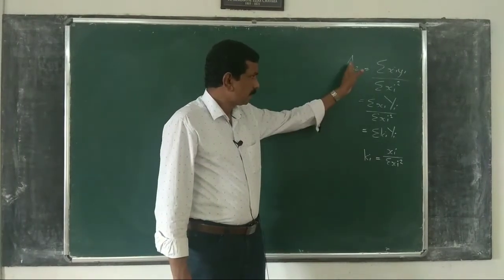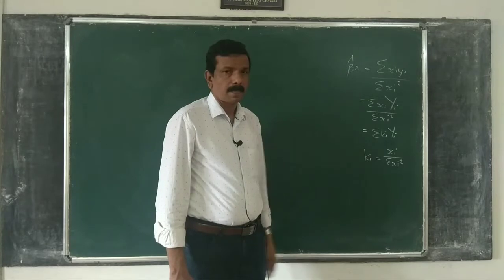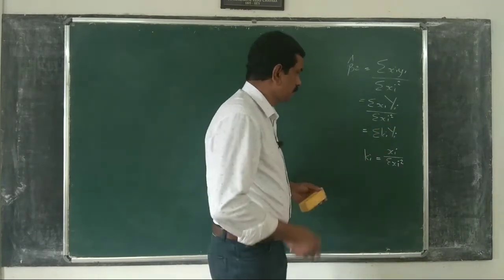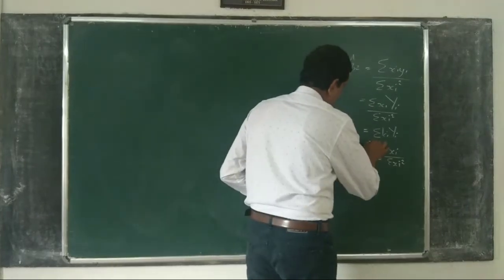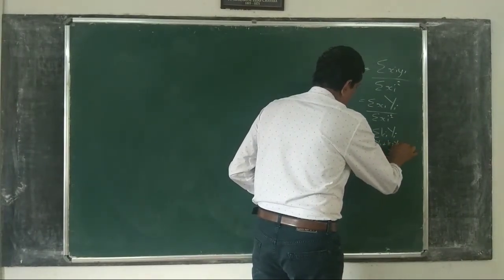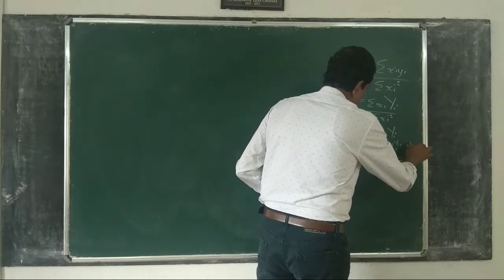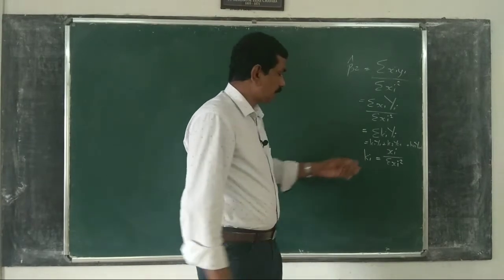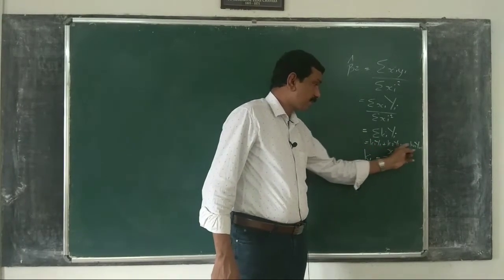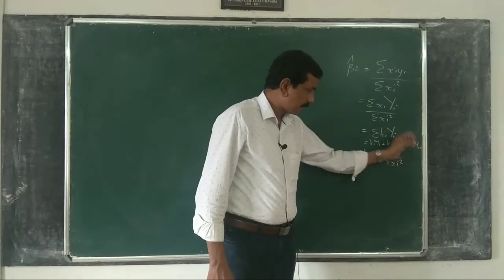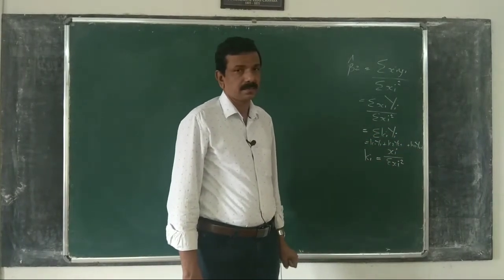Now, as beta 2 hat is equal to sigma ki yi, we can expand it as k1 y1 plus k2 y2 plus etc. plus kn yn. So beta 2 hat is a linear function of y1, y2, etc. yn with k1, k2, etc. kn serving as the weights.